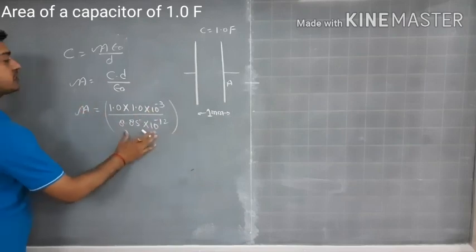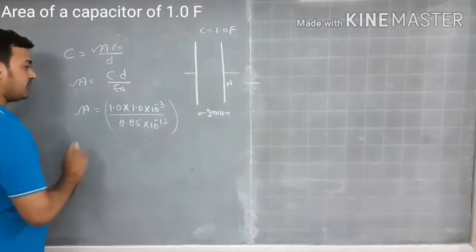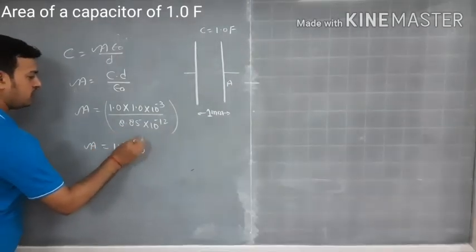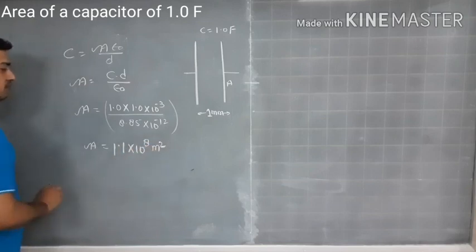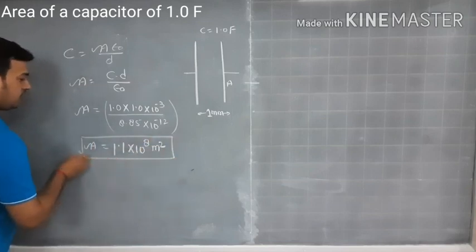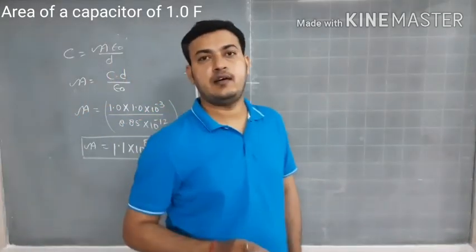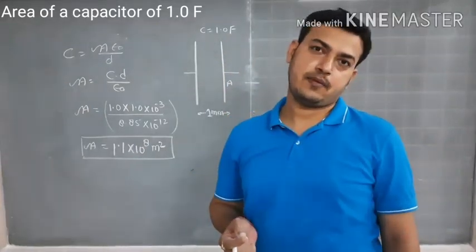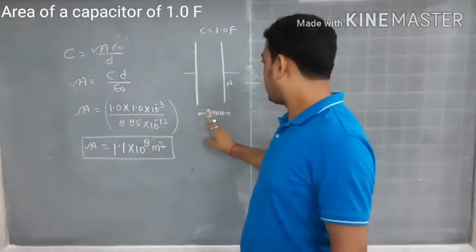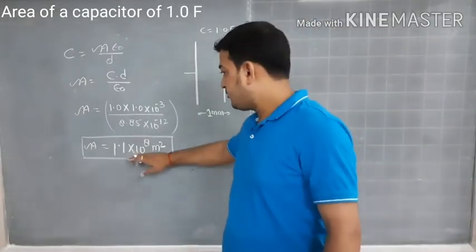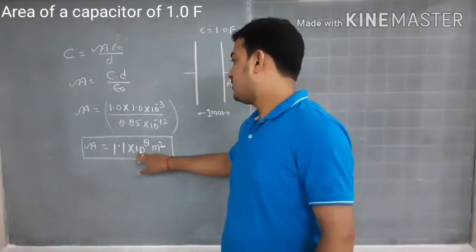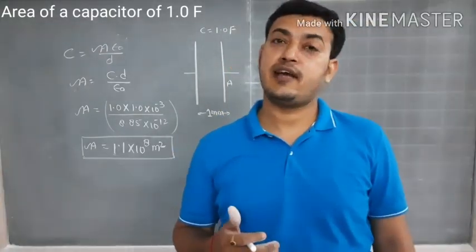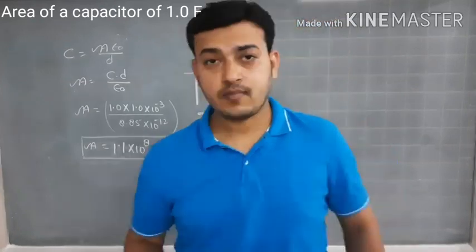If you simplify this, you will get A equals 1.1 times 10 raised to power 8 meters squared. Just look at the area for such a 1.0 farad capacitor with plates 1 mm apart. The area comes out to be 1.1 times 10 raised to power 8 meters squared, or generally we can say that it is 100 kilometers squared.